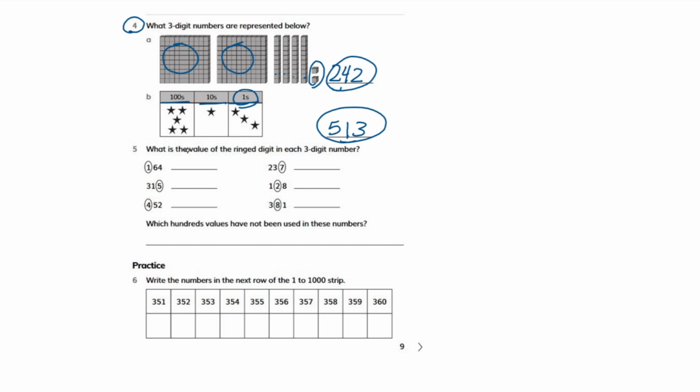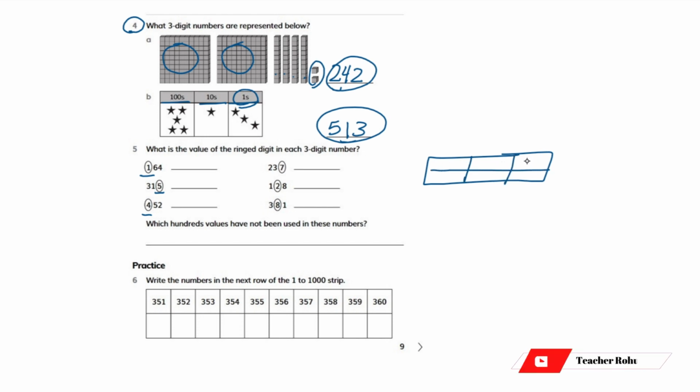In question number 5, it says, what is the value of the ringed digit in each 3-digit number? These are the ringed digits. They are ringed. Before answering these questions, I will draw a place value chart here. Because the numbers are 3-digit numbers, we have ones place, tens place, and hundreds place.